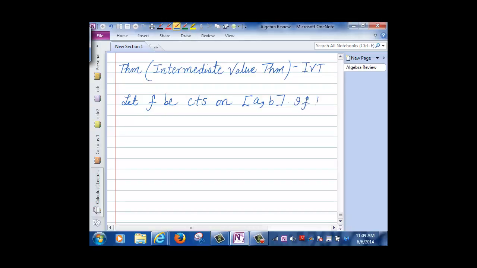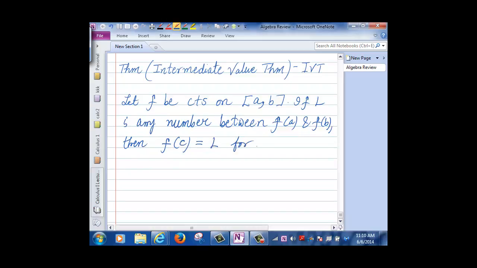If L is any number between f of A and f of B, so whatever the value f of A is and whatever the value f of B is, the number L is in between the two, then f of C is equal to L for some C in between A and B, okay?